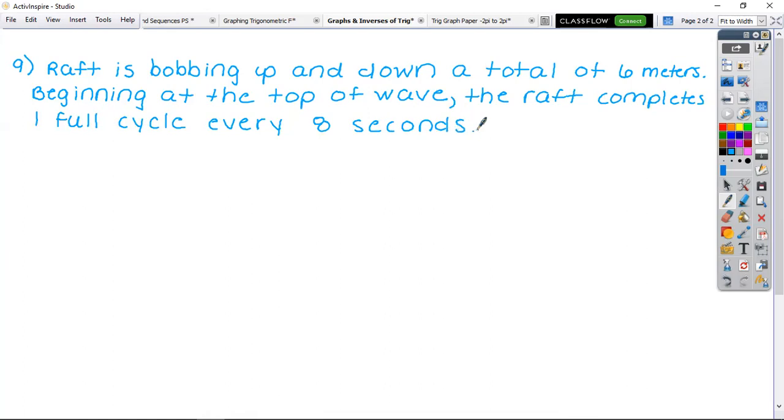So the first thing I want you to tell me is the equation with a phase shift of 0. We're going to write the equation with phase shift 0. I'll start with that part first.